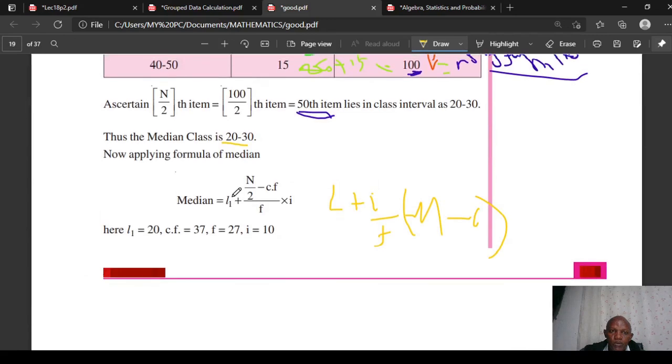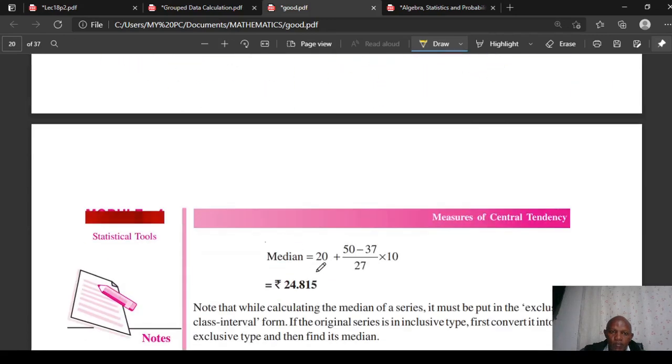So once you do the substitution, the median will be lower class boundary plus n over 2, 100 over 2, which is 50, minus cumulative frequency preceding the median class, which is 37, divided by the frequency of the median class, which was 27, times 10.